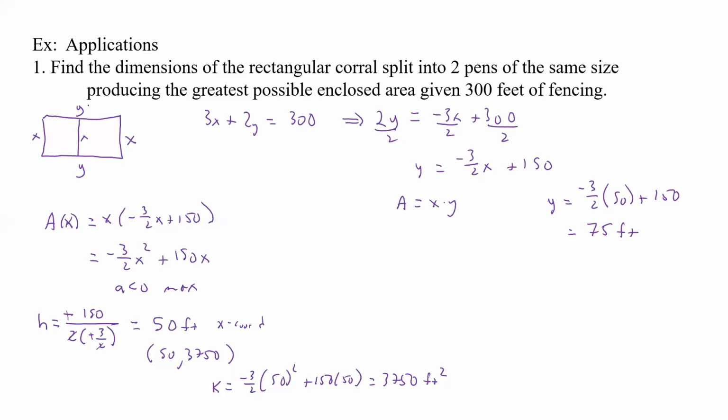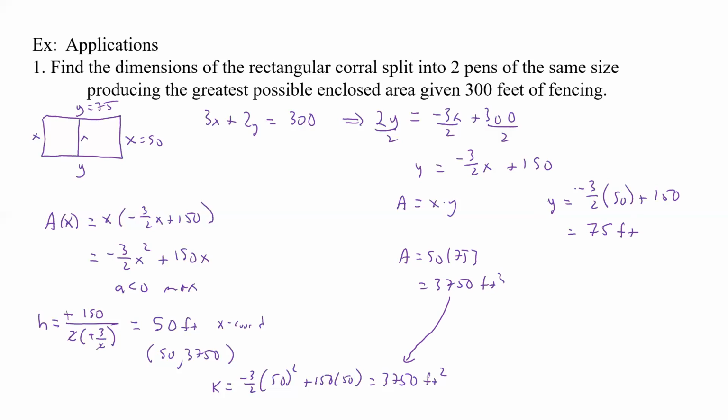So y is 75, x equals 50. And so, if we take 50 times 75, we get 3750. So that makes our area correct. So 50 times 75 is 3750, and that's feet squared, which is what we said it should be if we plugged 50 into our equation.